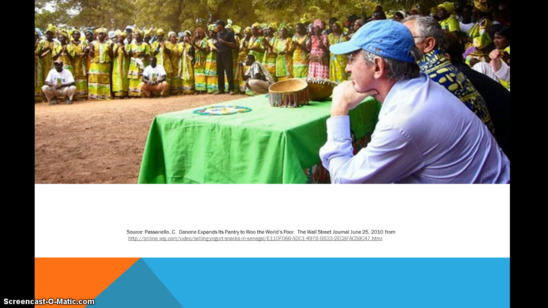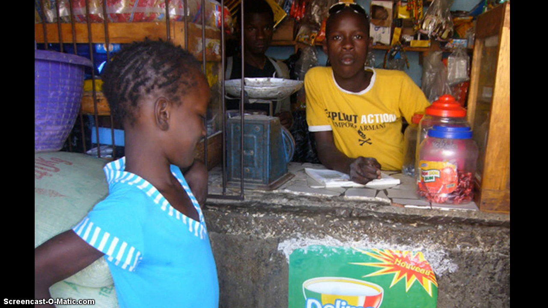And in fact, the photo that you see is a couple of the executives looking out across Senegal, and they were asking, is it possible? You think about Danone, at least I tend to think about higher-end premium items, but recently they have introduced a yogurt drink and sell it at the little stores there for 10 cents a package.